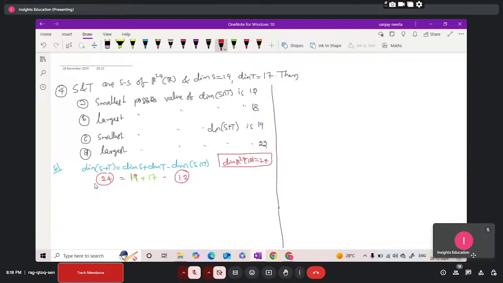So this is the largest value of S plus T. Am I clear? Now similarly, suppose 23 comes sometimes. Then what about this one? Obviously 13.